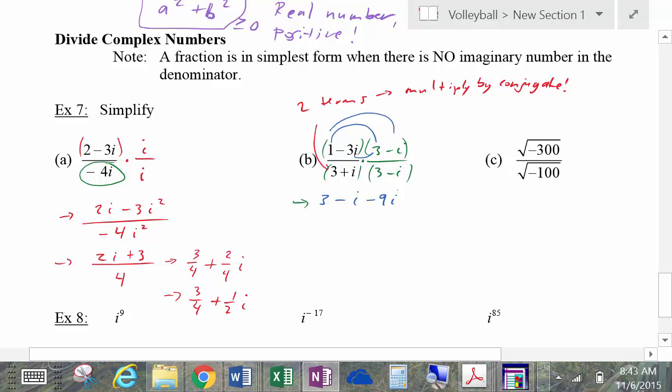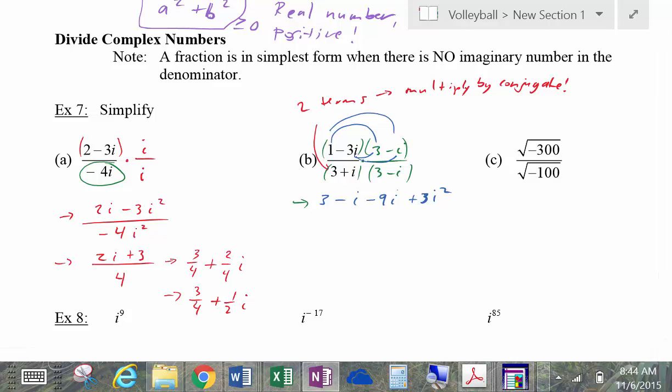And negative 3i times negative i. Negative times, yeah, it would be negative 3 if you simplify. That's a lot to do in your head, right? Two negatives canceling, adding another one in there. So I'm going to write negative times negative is positive 3i squared, which becomes a minus 3.